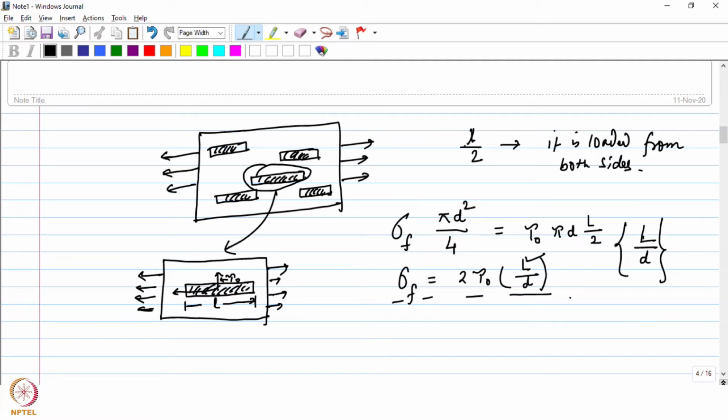Okay. And from here we can also define something called a critical length LC, which will be again coming out from this particular equation.